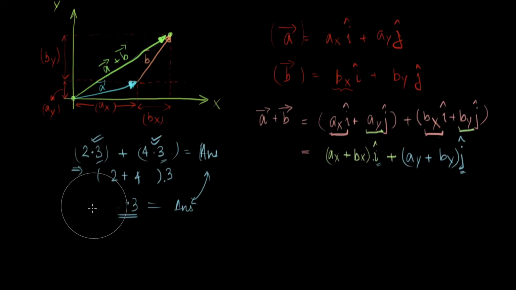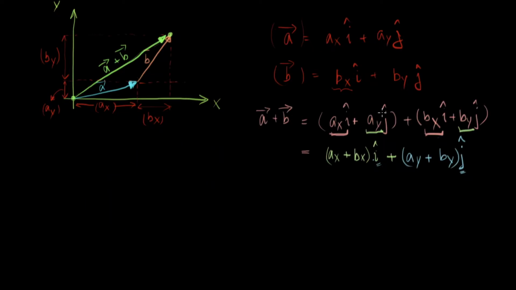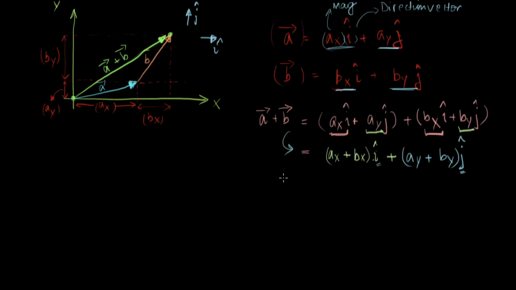So that's basic mathematics. And the reason I can do that is because i and j cap are vectors, i in the x direction and j in the y direction. And this term here, or for that matter, this term there, is basically a magnitude, a number, multiplied by a direction vector. So that's a unit direction vector or a unit vector. So because it's a product, we can do the same thing. So this step here is valid by the rules of mathematics and nothing else.